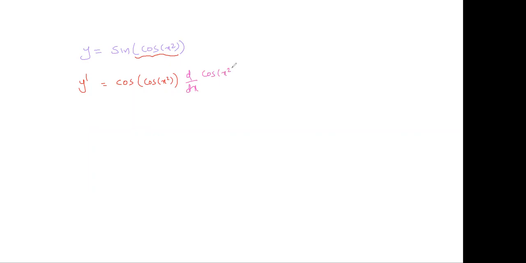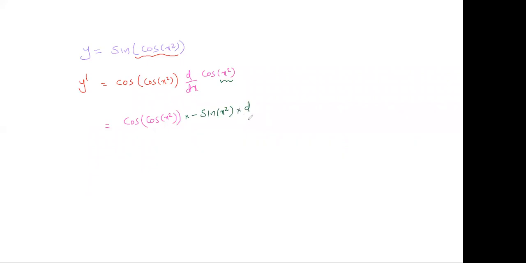We consider cos x square as a single expression, so we have to multiply with the derivative of that, which is equal to cos x square into, now again cos x square is of the form cos x, so the derivative of cos x is minus sin x, so it is minus sin x square.